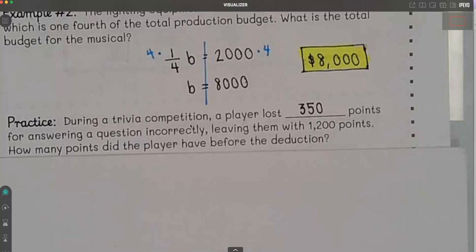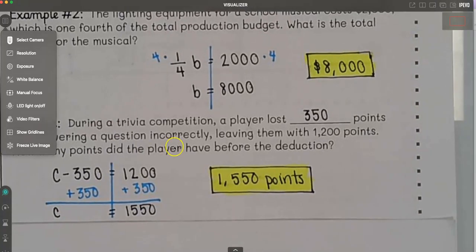I'll give you guys 45 more seconds. Team 3, you guys got it? All right, everyone got it? Great job. Here is the answer.